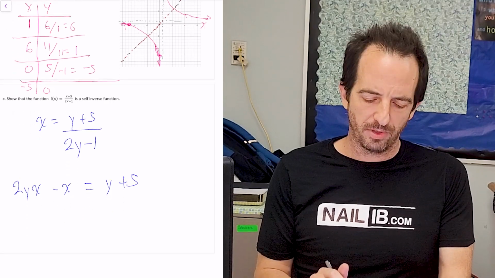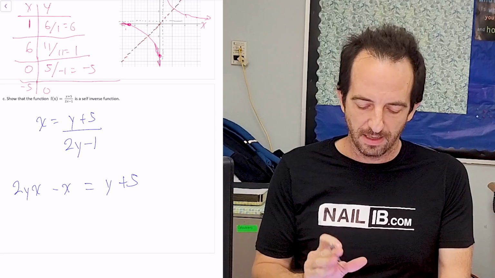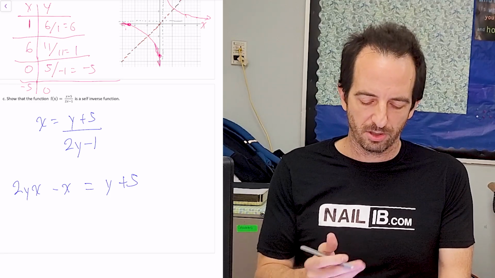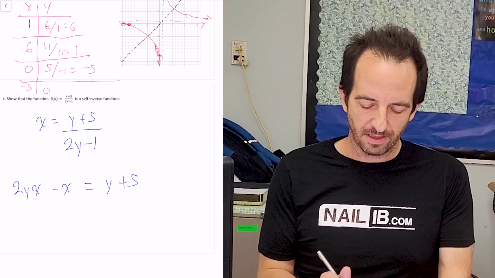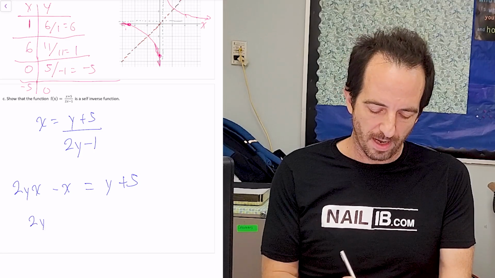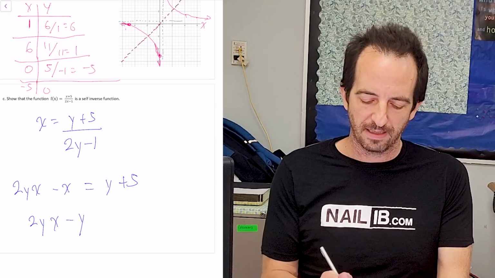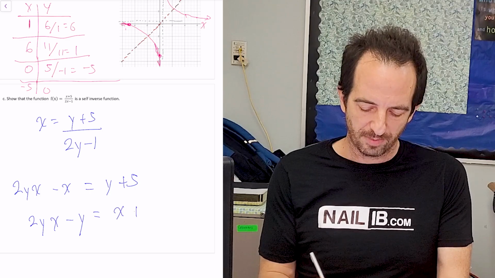Next, what should you be doing? Hopefully you try to work this out yourself. If not, you should try, and then you could see if it matches up. But the next step should be that I'm going to get the y's on one side, everything else on the other. So I'll move over my 2yx minus y. So I moved over the y from the right-hand side to the left-hand side. I'll move over this x over here, x plus 5.